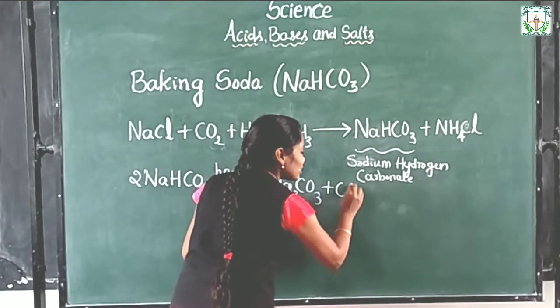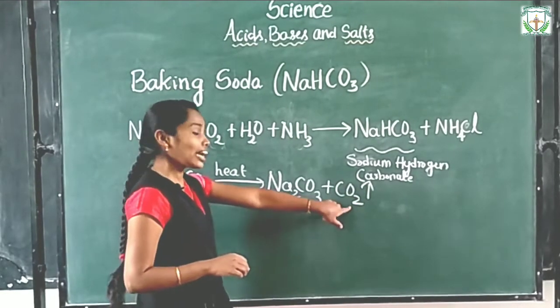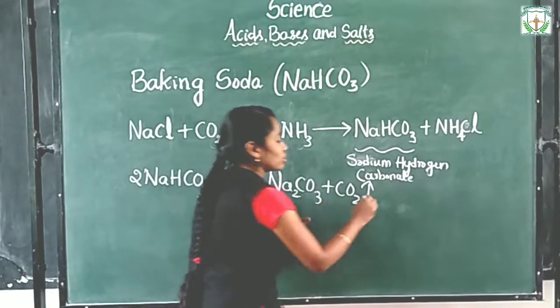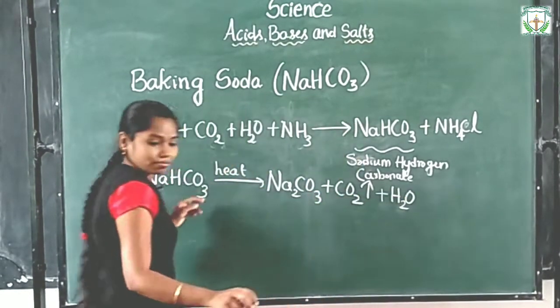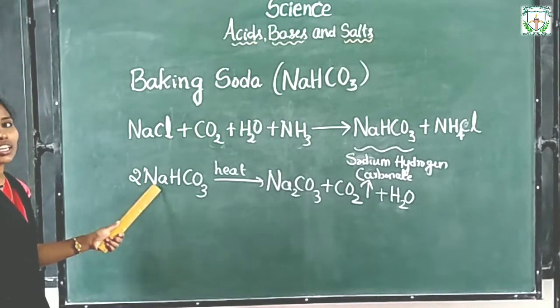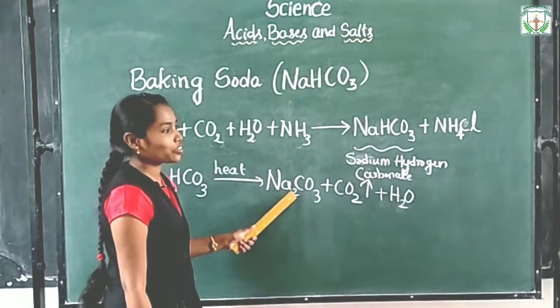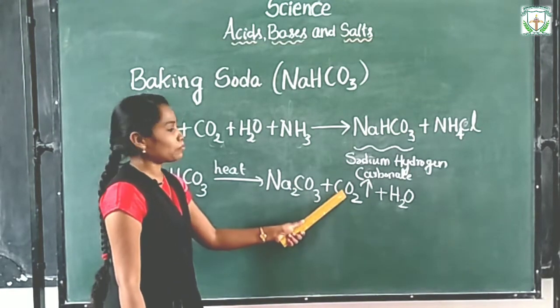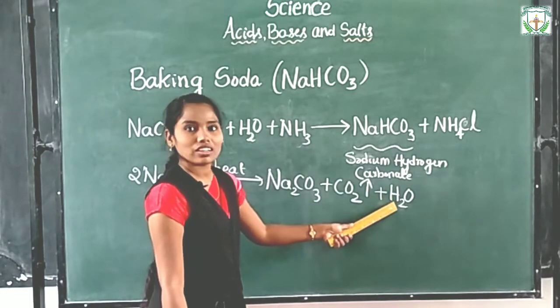And which gas is released, children? Carbon dioxide gas is released from this reaction, and water is also formed. So when you heat baking soda, that is sodium hydrogen carbonate, washing soda is produced, and it also liberates carbon dioxide gas and water.